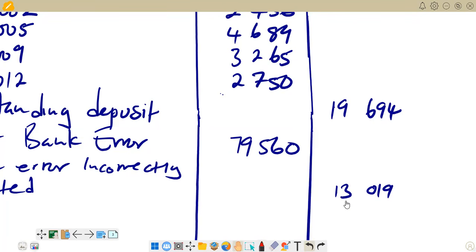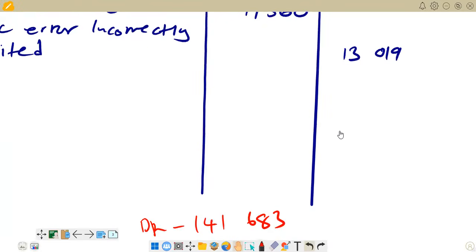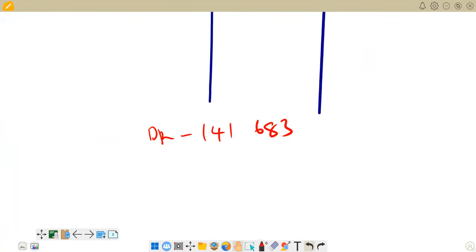So 32,713 is the total of the credit side. Right, so these are the totals that we have.